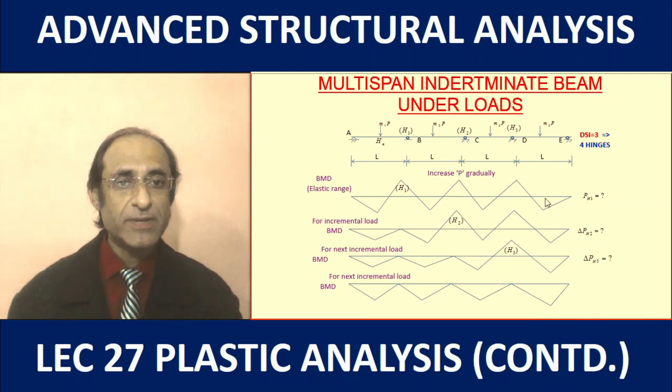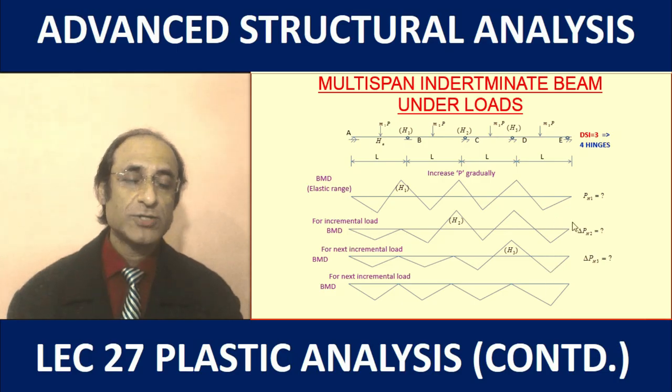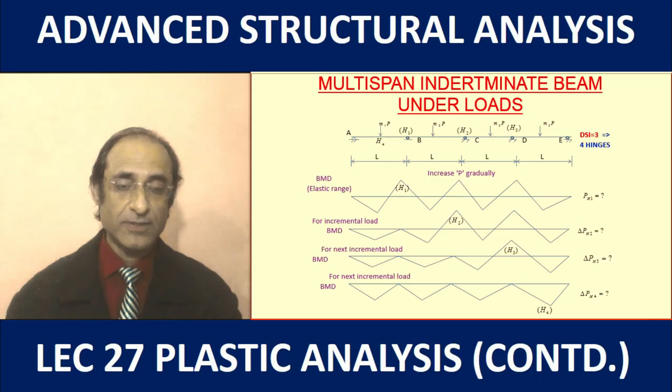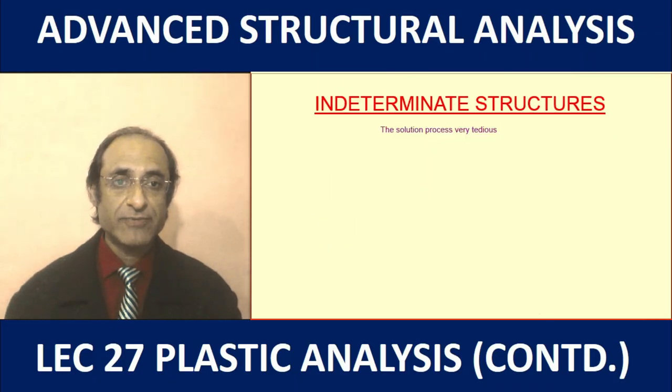So the sum of the moments for the four bending moment diagrams at the midpoint of DE, that is this bending moment plus this bending moment plus this bending moment plus this bending moment, should be equal to MP. Once the fourth hinge is formed, the structure has been converted into a mechanism. It will not be able to carry further load.